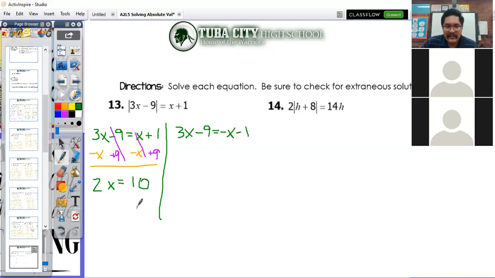Looks good to me. I did two things at once, so I don't have to make an extra step. And x equals 5.